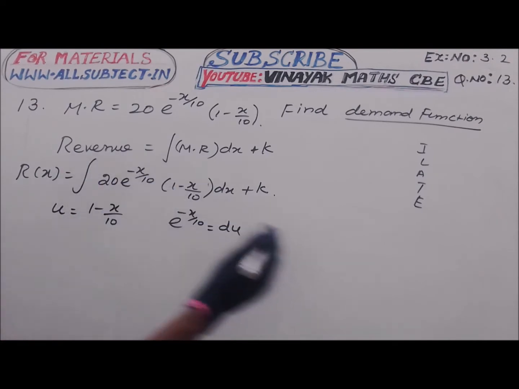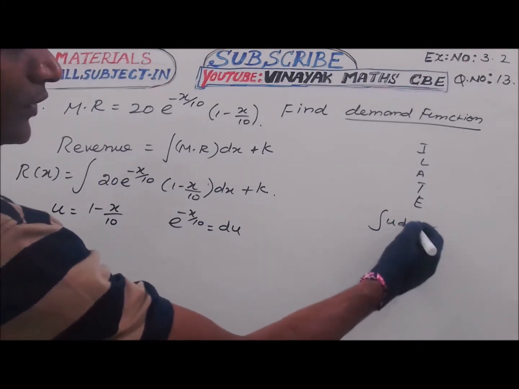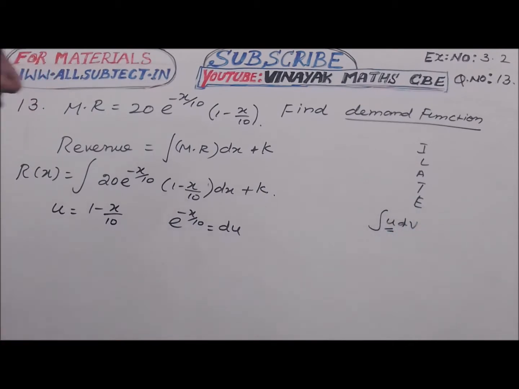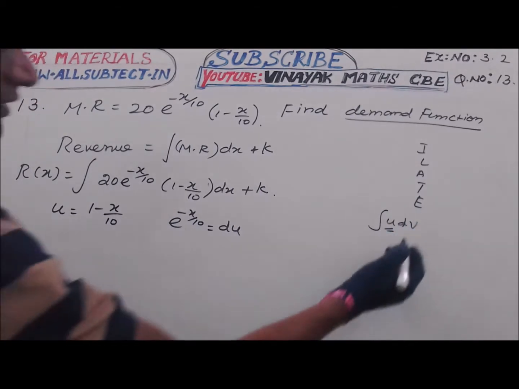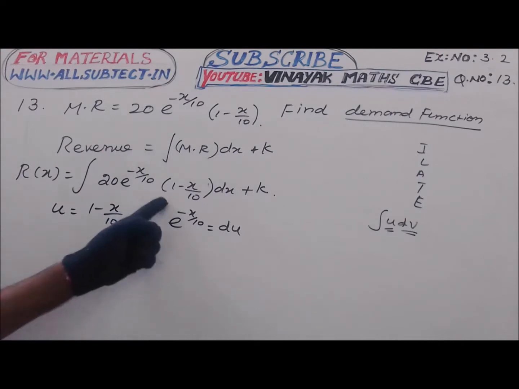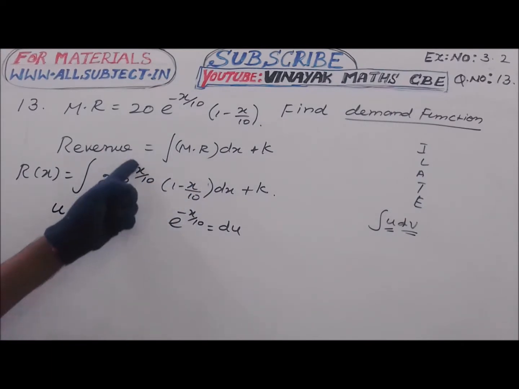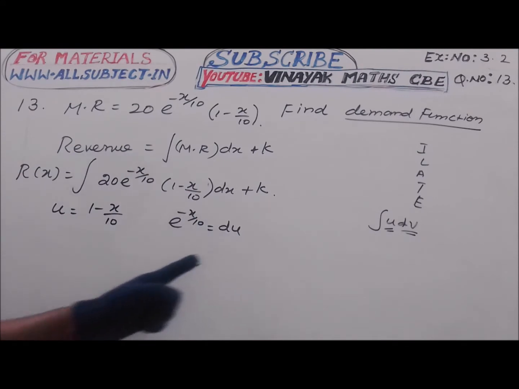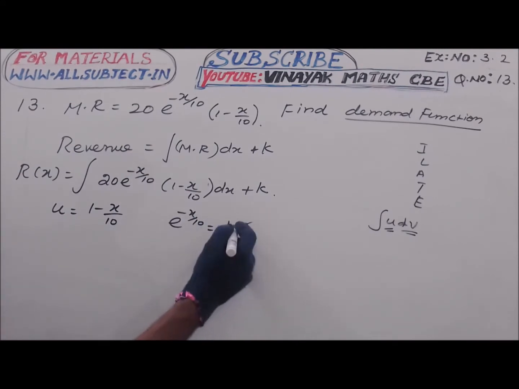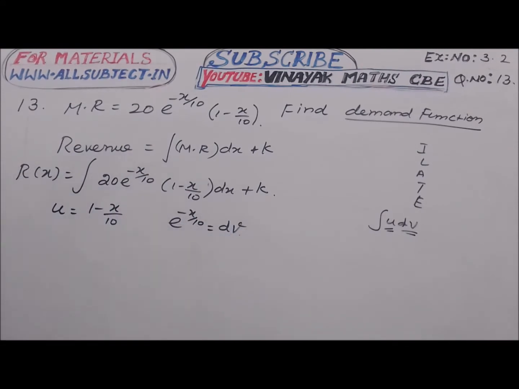So totally this is considered as the integral of u dv, where one part is taken as u and the remaining part is taken as dv. I have chosen 1 minus x by 10 as u, so the remaining term e power minus x by 10 dx is taken as dv, and the constant 20 is taken out.